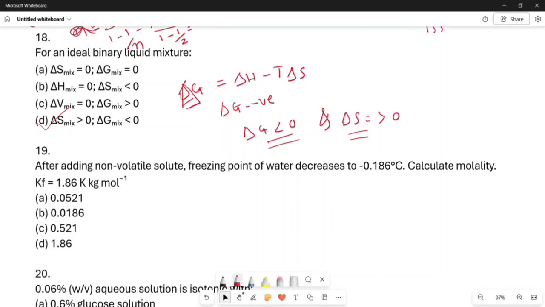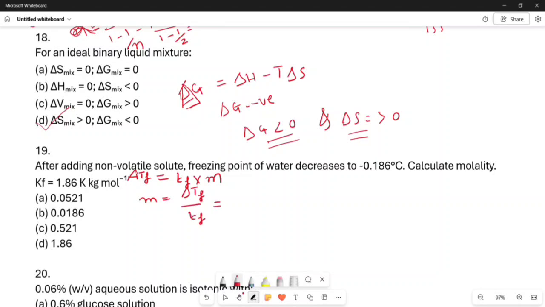We know that depression in freezing point delta Tf is equal to Kf into molality, so molality M is equal to delta Tf divided by Kf.